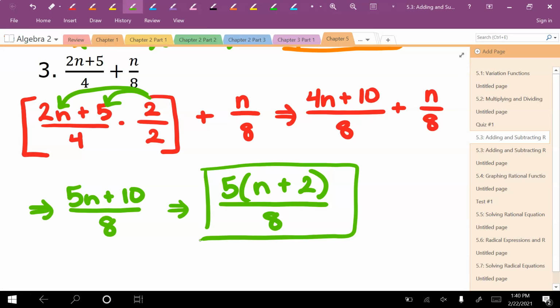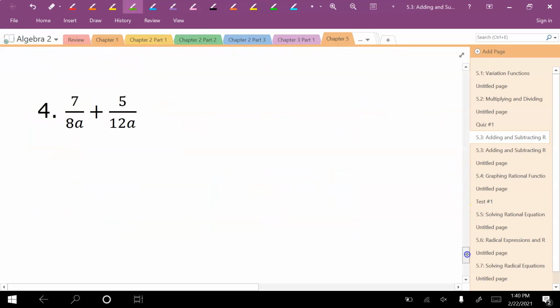Okay, why don't you guys try number 4? That's the last one there on that page.